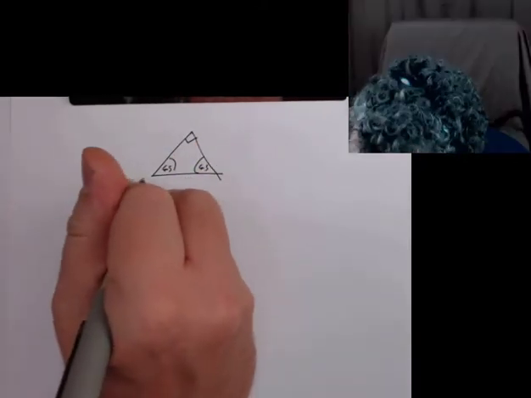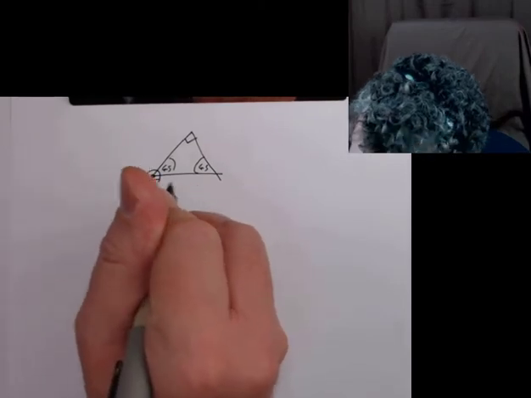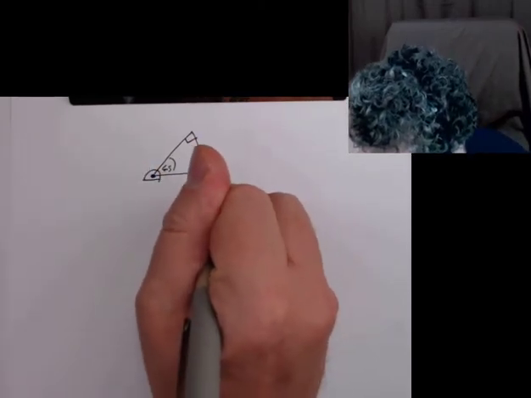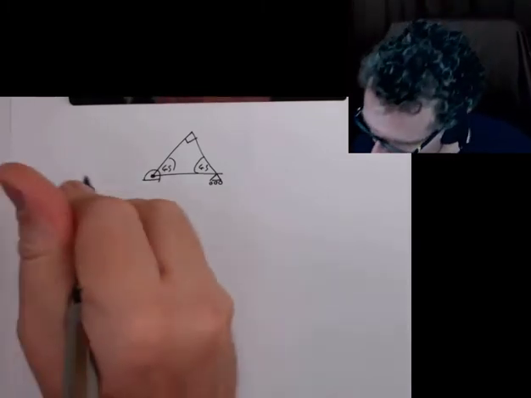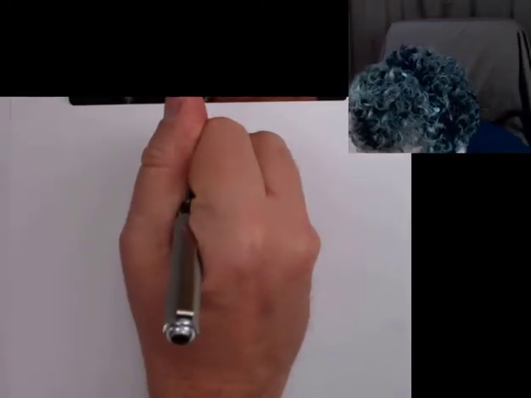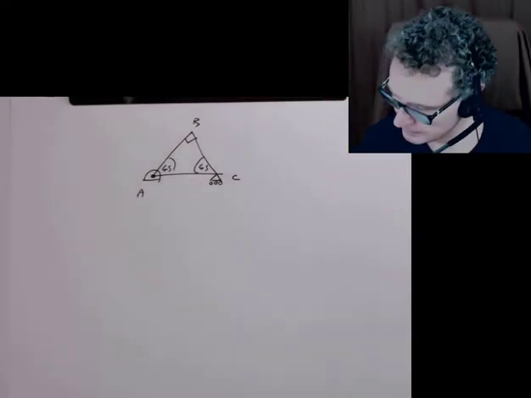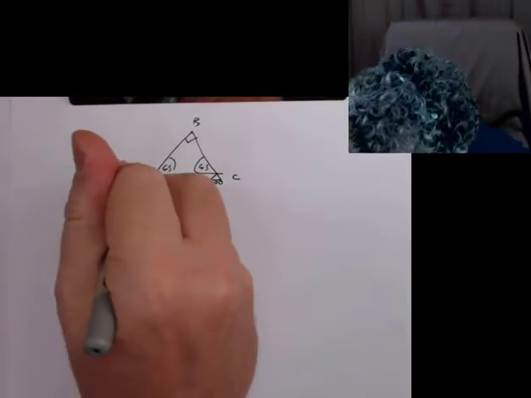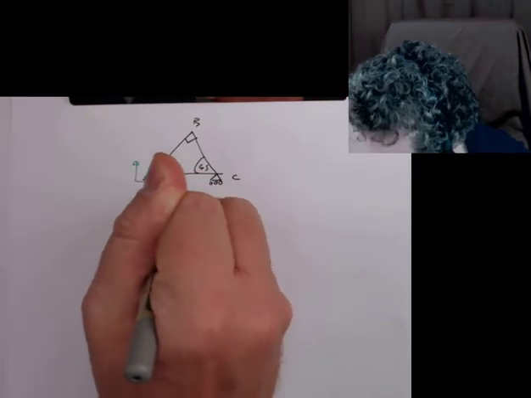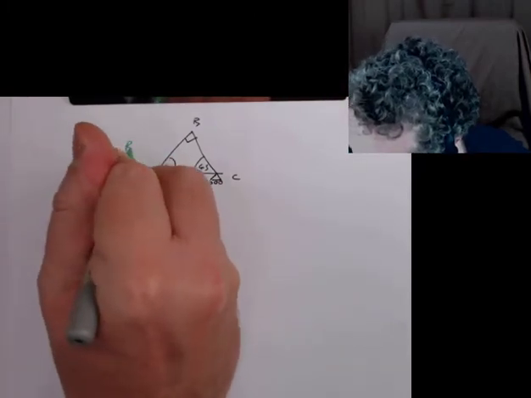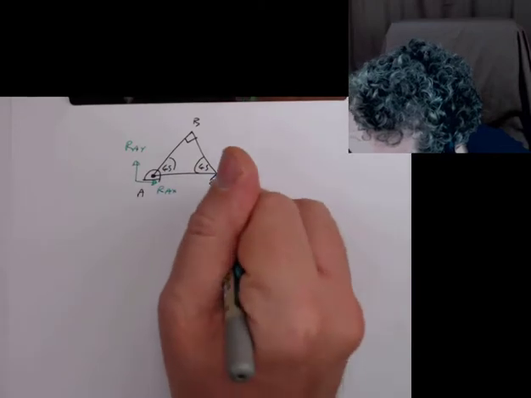I'm going to have a hinge here on the left again, and I will have a moving pivot on the right. I'll call this A, B, and C again. So we're going to have RAX going in that direction, RAY going in that direction.